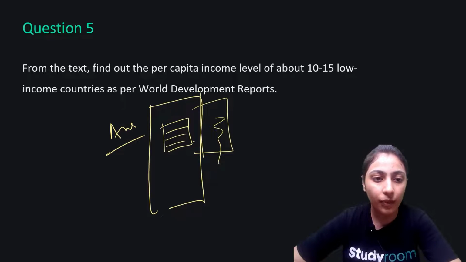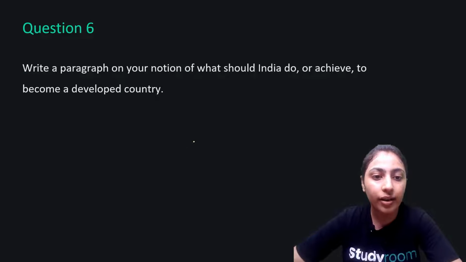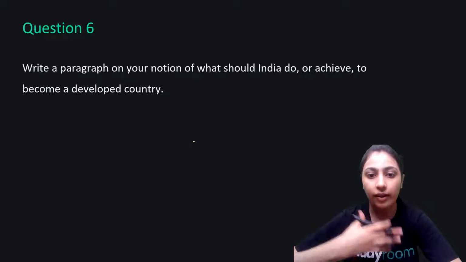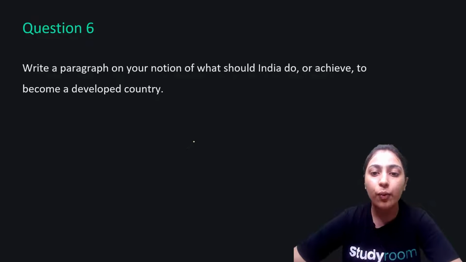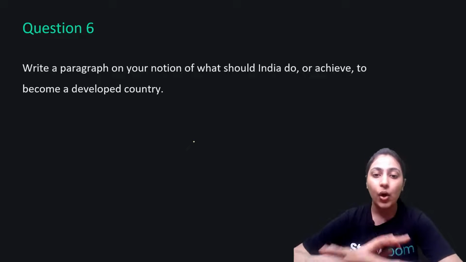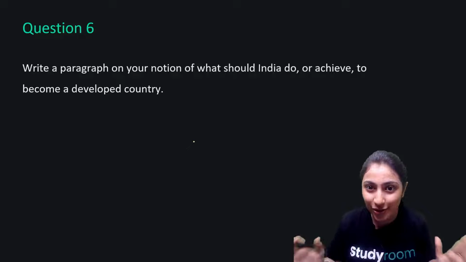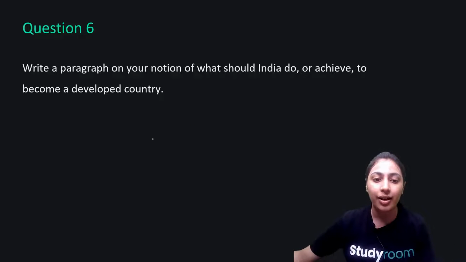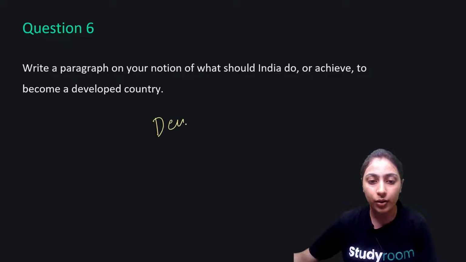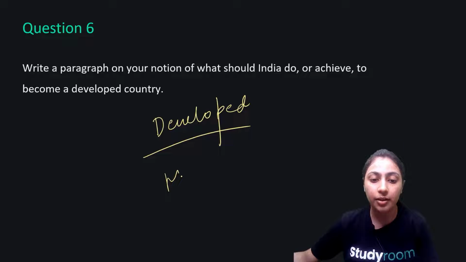Okay. Moving forward, we have: write a paragraph in your own notion. Notion means what we think, in our own words, of what India should do or achieve to become a developed country. All of us know the answer: when we consider a country to be developed, we cannot always consider money.